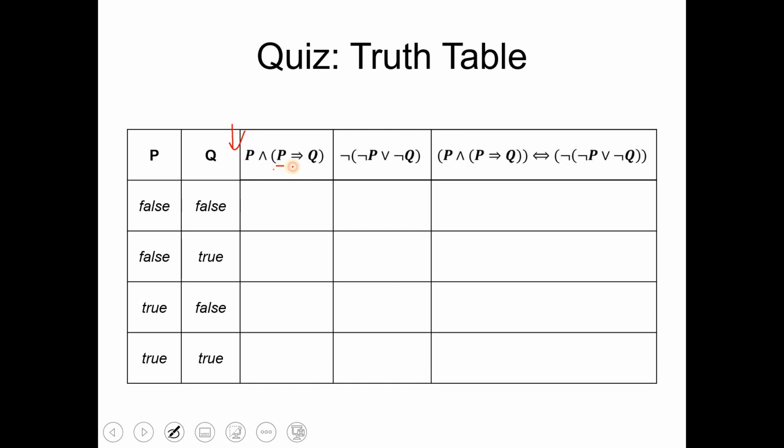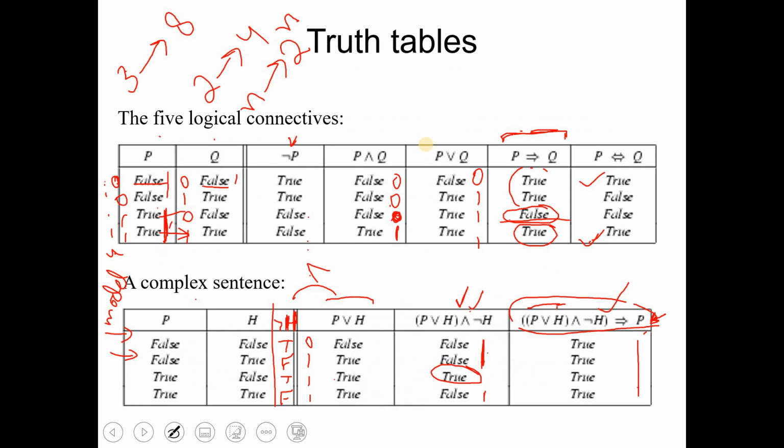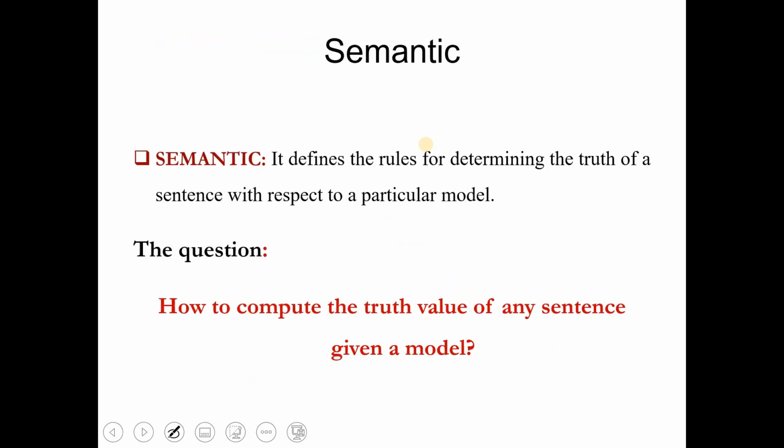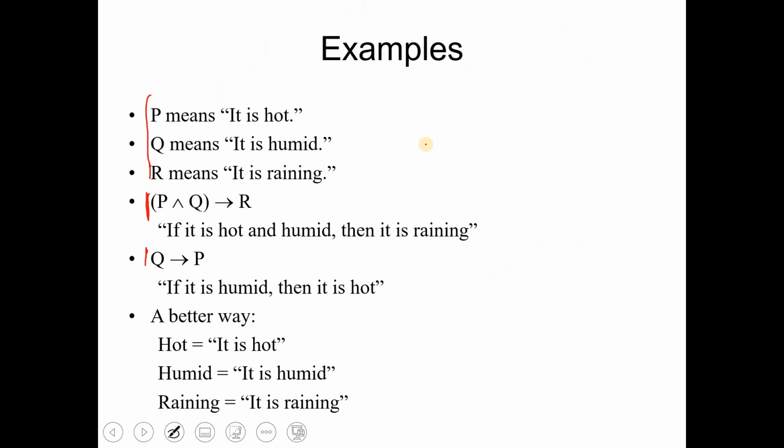First of all, solve for P implies Q, then solve it together, then solve for the not, then the inner part, and then together, step by step for every part of it. You will not directly write the answer. Writing the answer directly is just like in mathematics: you will lose marks for the whole procedure. So do this and we will come and discuss the remaining topics in the next class.